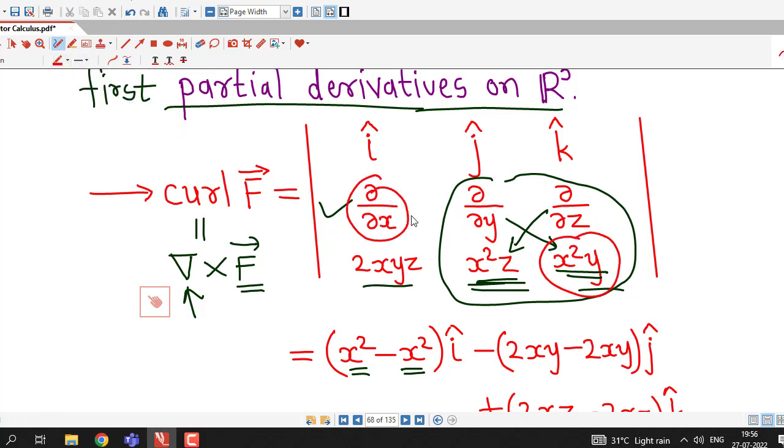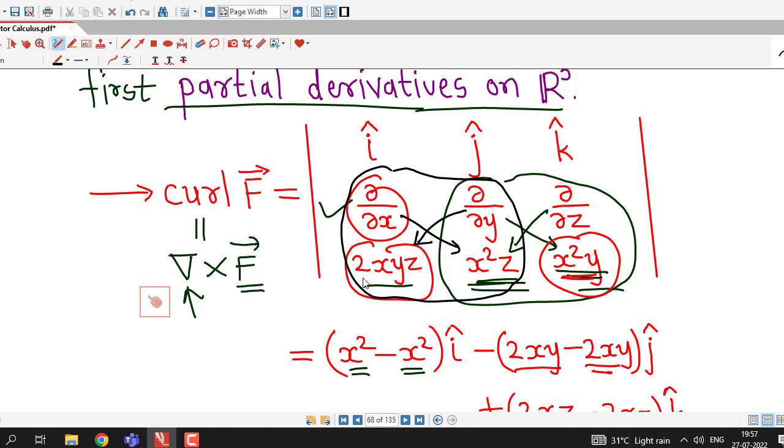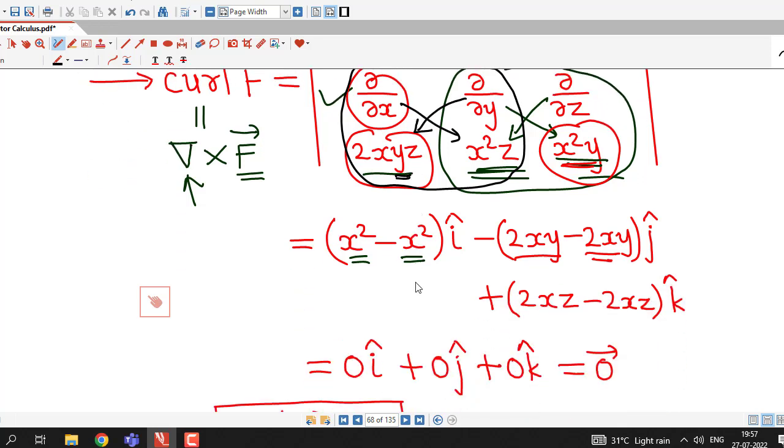minus j into partial derivative of x square y with respect to x, which is 2xy, minus partial derivative of 2xyz with respect to z, which is also 2xy, and then k times determinant of this matrix, that is partial derivative of x square z with respect to x, which is 2xz, minus partial derivative of 2xyz with respect to y, which is 2xz, and finally we have a zero vector.